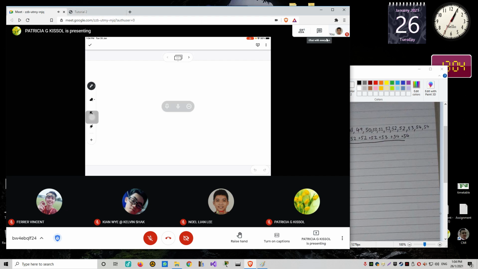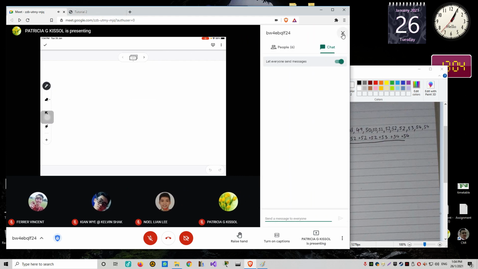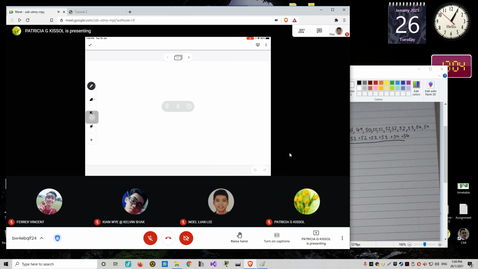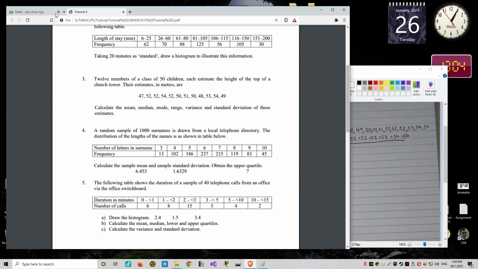The first thing is you must arrange the values in ascending order. You can also arrange them in descending order, but for the 12 data points that we have, you have to arrange them starting from the lowest to the biggest.